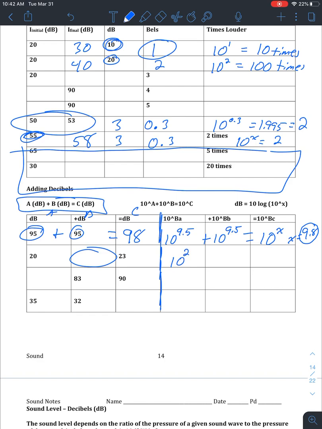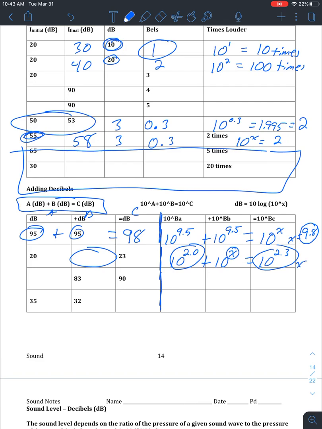So 10 to the 2.0 because it's measured in bells, plus 10 to some missing loudness in decibels, or that would be in bells. And that's going to equal 10 to the 2.3. So you would just do 10 to the 2.3 minus 10 to the 2.0, and that's going to equal some huge number. We don't want that huge number. We want to know what the x is, because that is the loudness in bells.